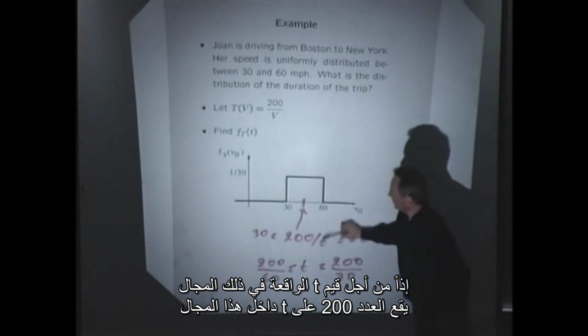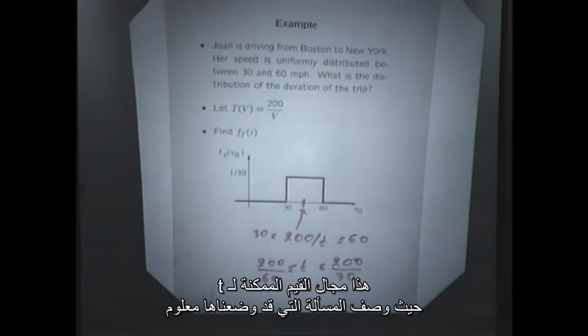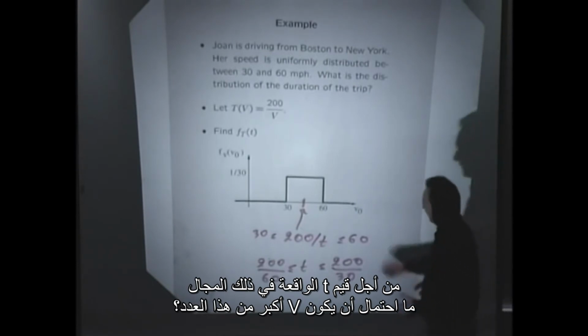So for T's inside that range, this number 200 over T falls inside that range. This is the range of T's that are possible given the description of the problem that we have set up. So for T's in that range, what is the probability that V is bigger than this number?